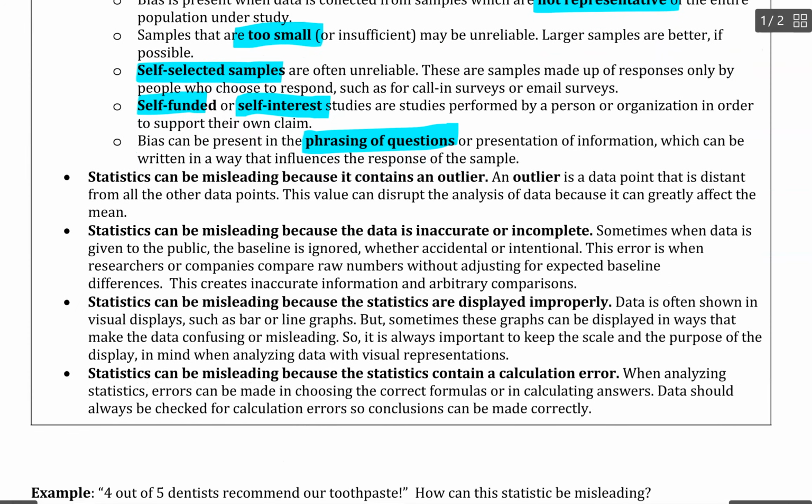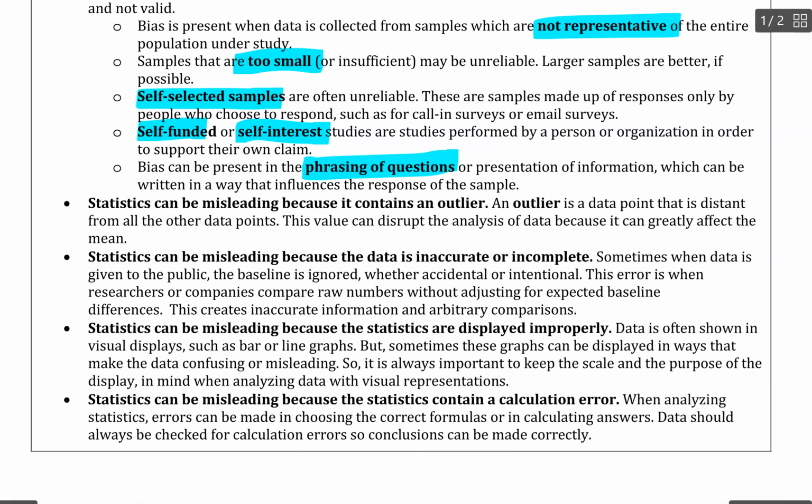So what other ways can statistics be misleading? They can be misleading if they contain an outlier. An outlier is just a data point that is far enough away from the other points, maybe above or below, and this can make our analysis look different than if it didn't contain that outlier, and therefore make it look misleading.